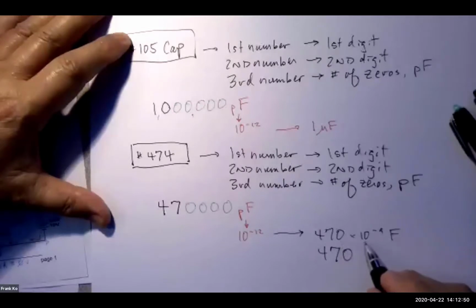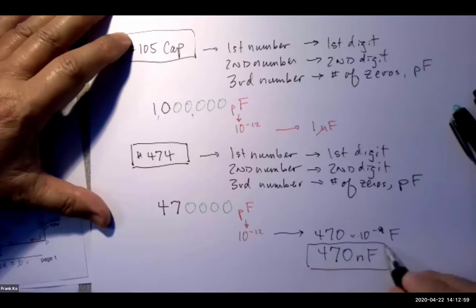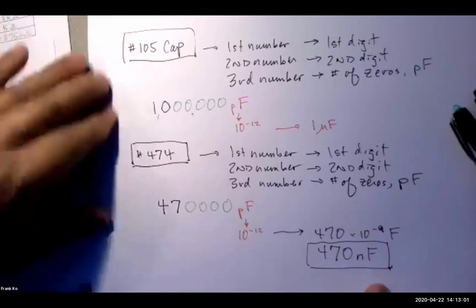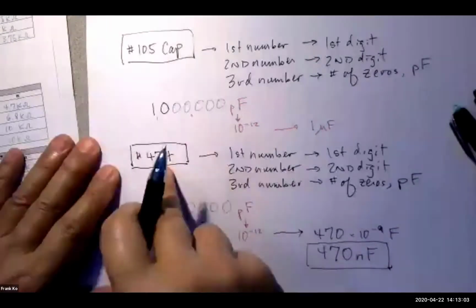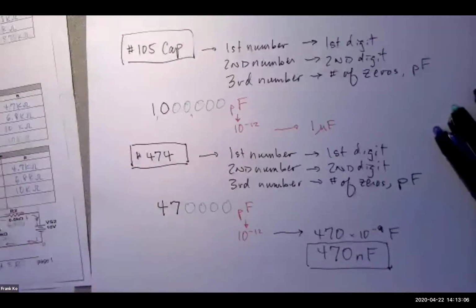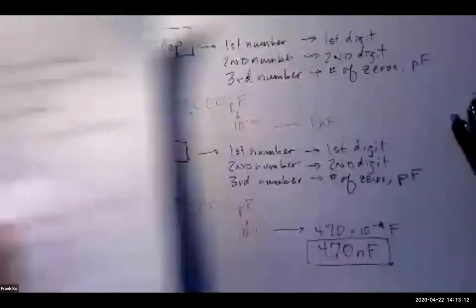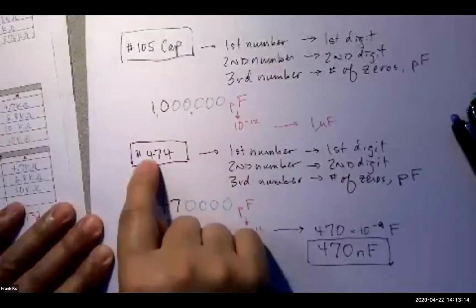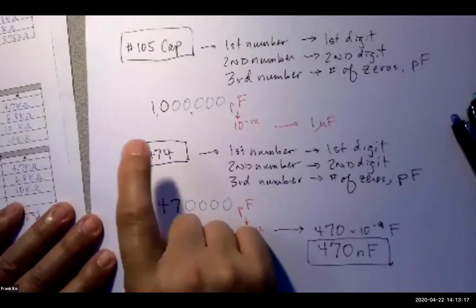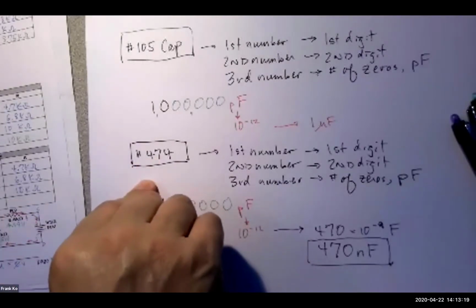Yeah, exactly. So your calculator did show 10 to the -9 farads, which we will write down as lowercase n, capital F. So are we okay with how to interpret a capacitor value based on some code that is printed on the outside of the capacitor? Everybody good with this? Based on this example that we started with at a 104, based on this as a 105, based on this as a 474. So everybody okay with that? So far, so good? Okay.